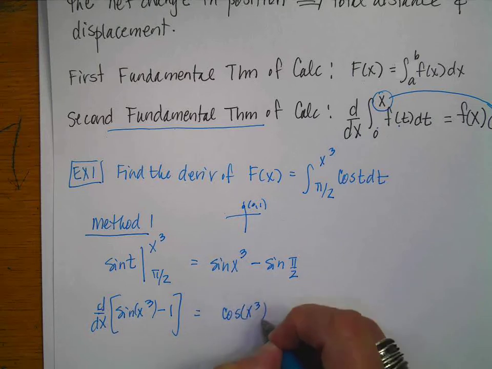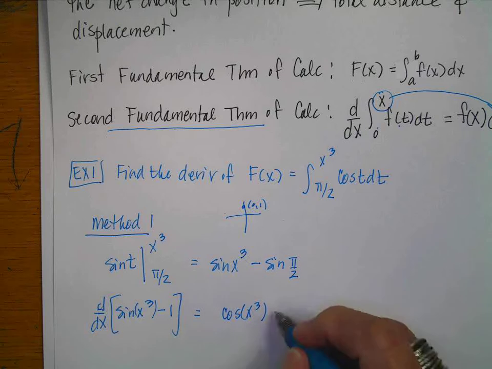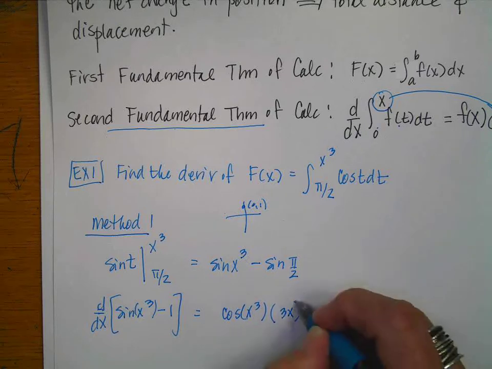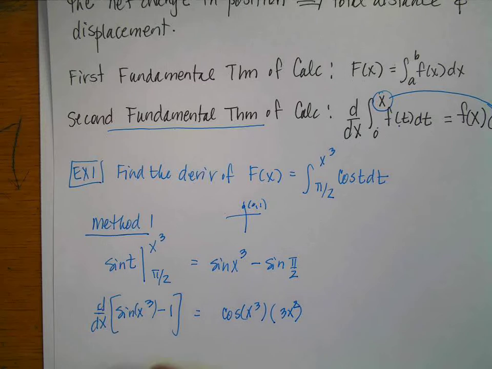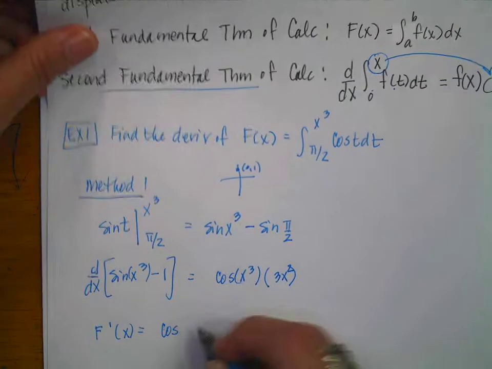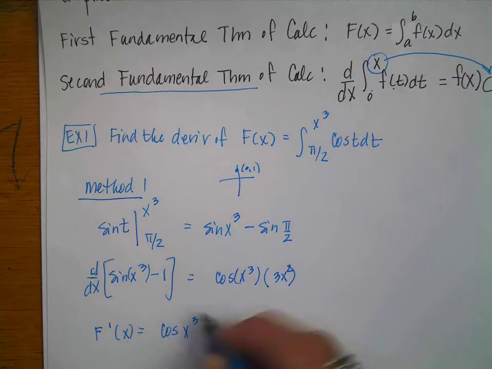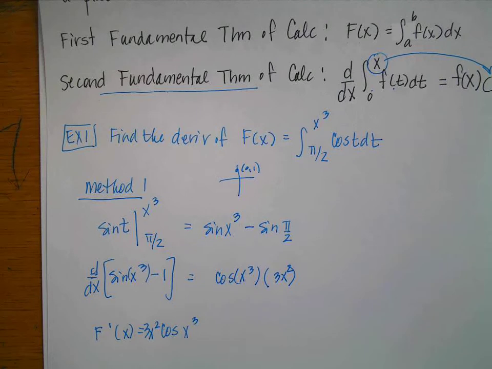What starts inside stays inside. The derivative of negative 1 is 0, times the derivative of the inside, 3x squared, okay? So f prime of x would equal the cosine of x cubed, and then I would put my 3x squared out front.